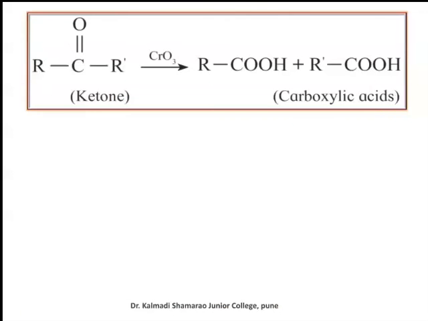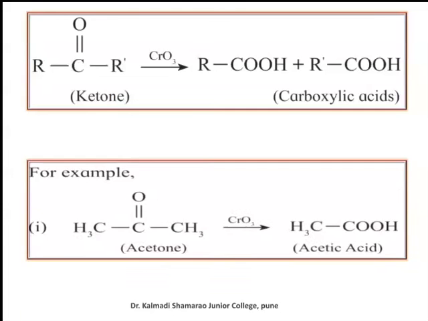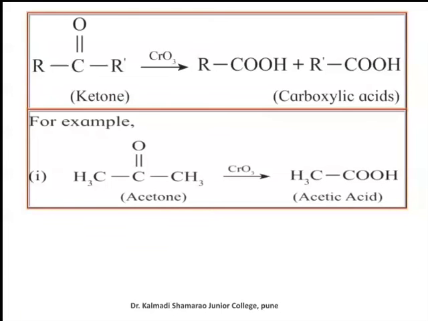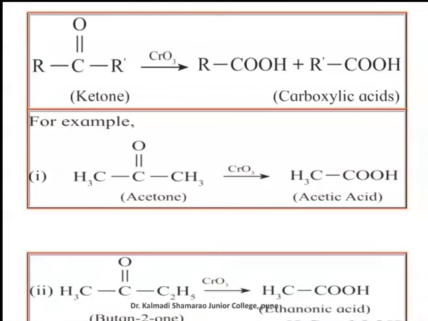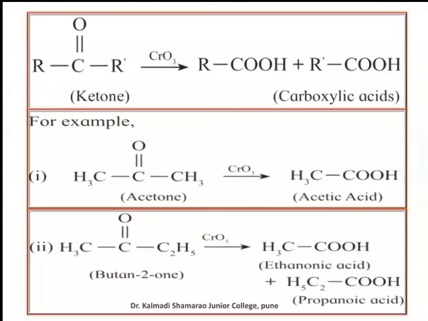Let's see the reaction. RC=OR' reacts with CrO3 to give RC=OOH plus R'C=OOH. For example, acetone reacts with CrO3 to produce acetic acid, and butan-2-one reacts with CrO3 to give a mixture of ethanoic acid plus propanoic acid.